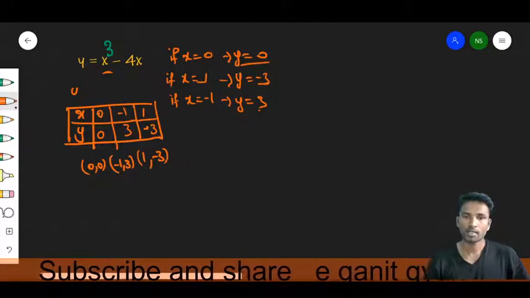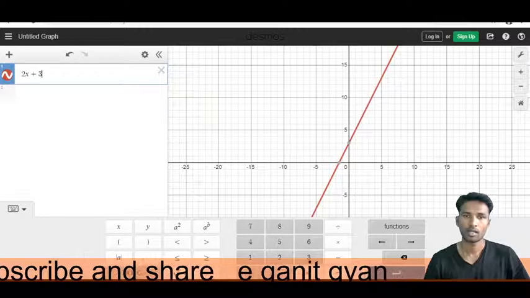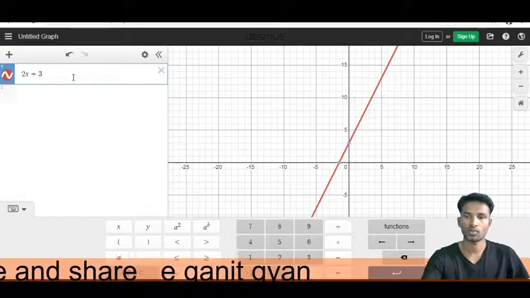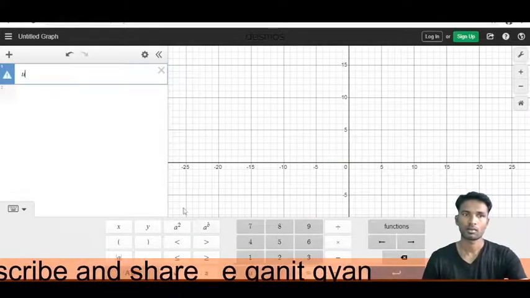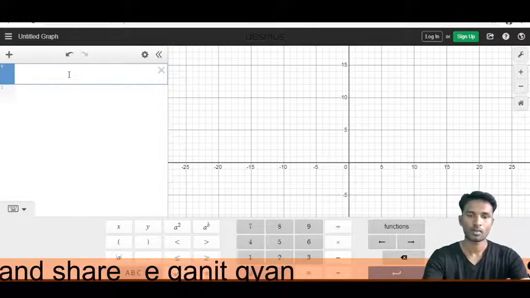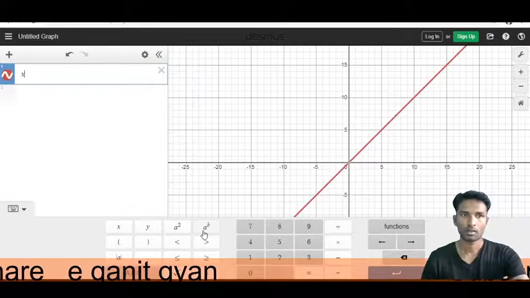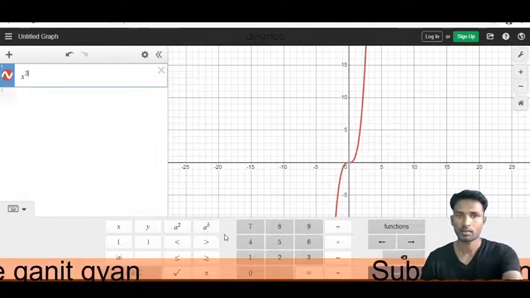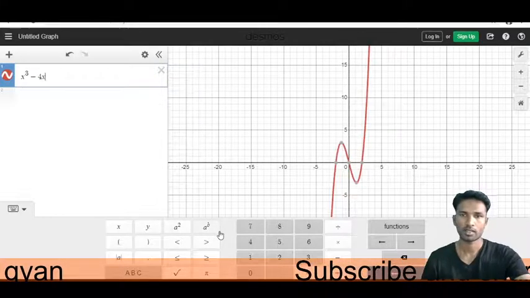By using those points, if I draw the particular equation on the graph sheet, I will get x cube minus 4x.